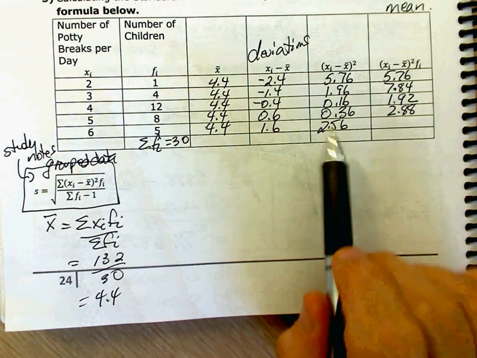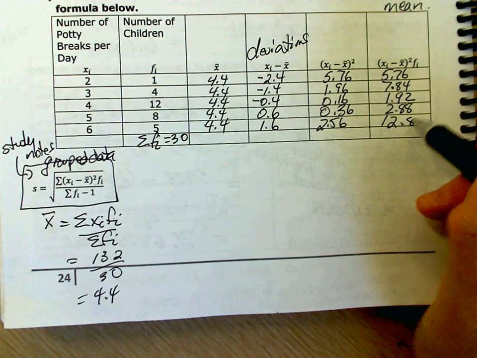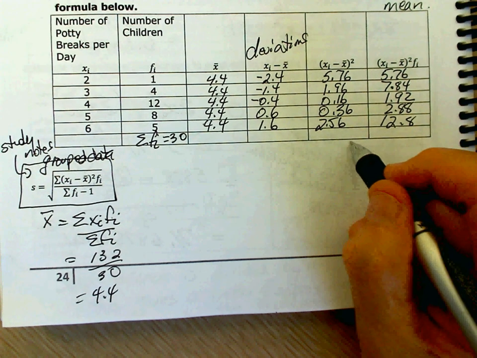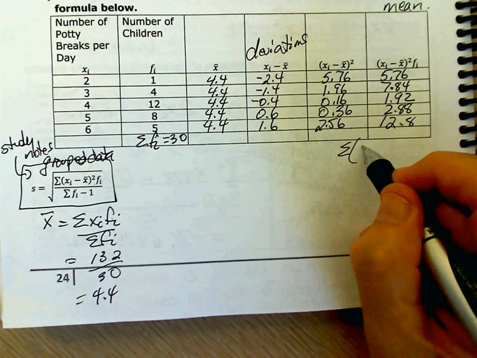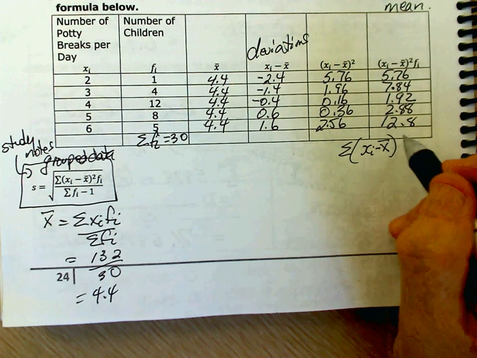So the sum of xi minus x bar squared times fi is equal to 31.2.